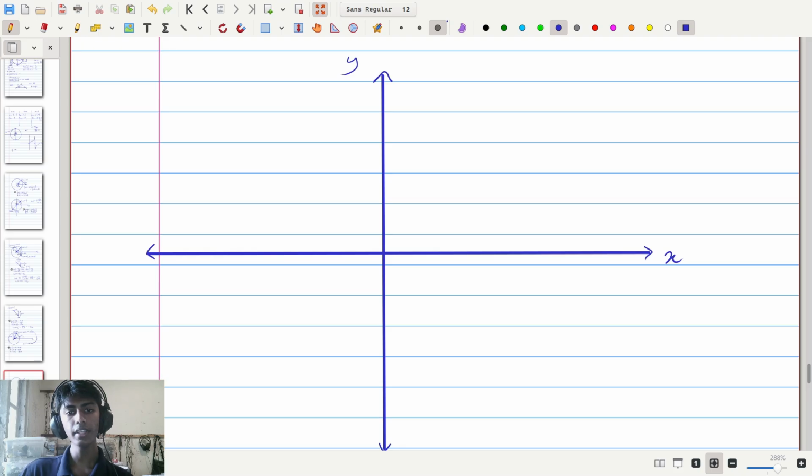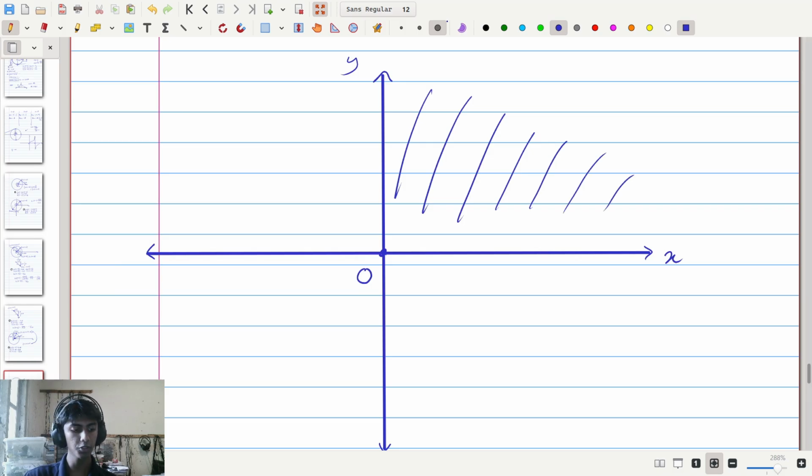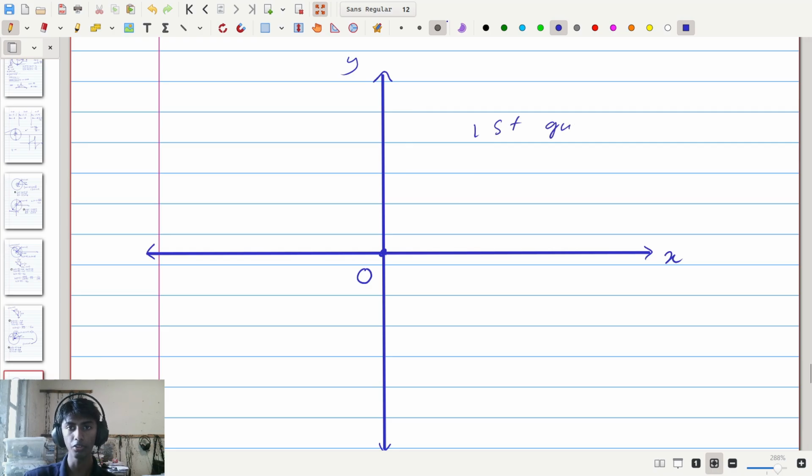So, in the xy plane, considering this as the origin, the quadrant where x is positive and y is positive is the quadrant which we call the first quadrant. In the first quadrant, since x is positive and y is positive, sine theta is positive and cosine theta is positive.